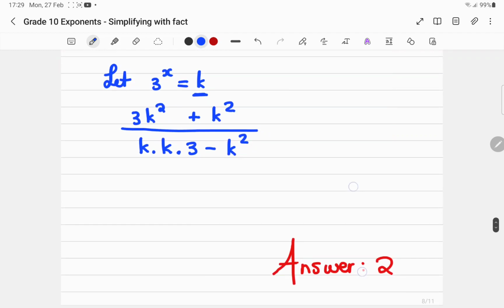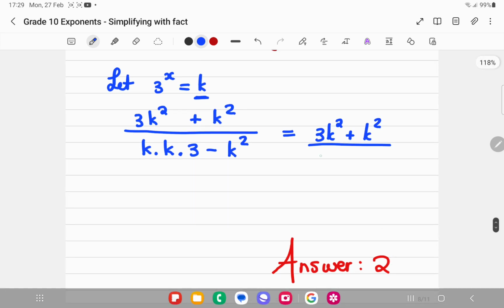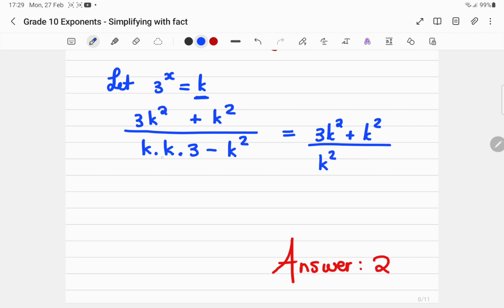All right, so let me simplify that a bit. So I've got 3k squared plus k squared over k times k, which is k squared. Keep your same base and add those exponents. Times 3 is 3k squared minus k squared.